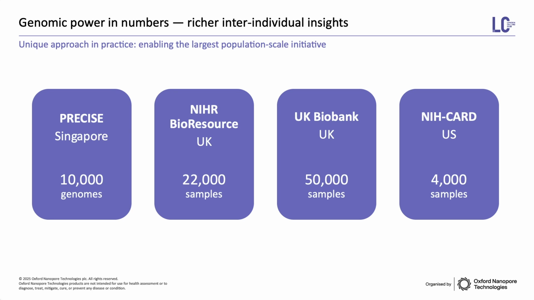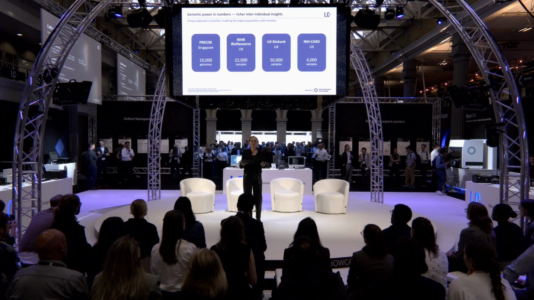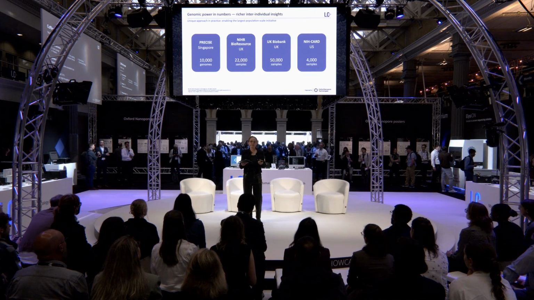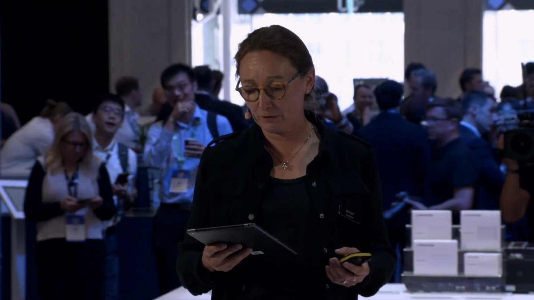Our speaker will present the data and the workflow from the 22,000 samples from the NIHR BioResource, so I'm not going to go into detail over that. Last year, we announced that we're doing 50,000 samples with the UK Biobank. It will make it the biggest single cohort that has, at the same time, structural variant and methylation information.